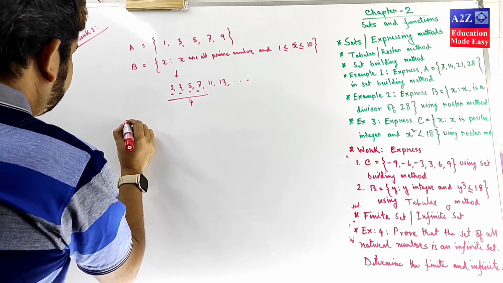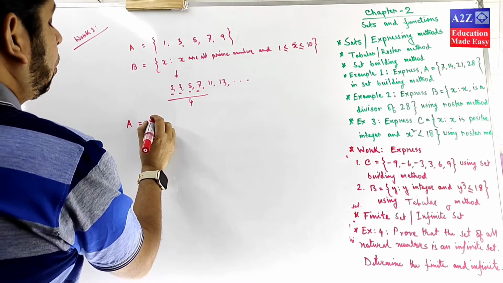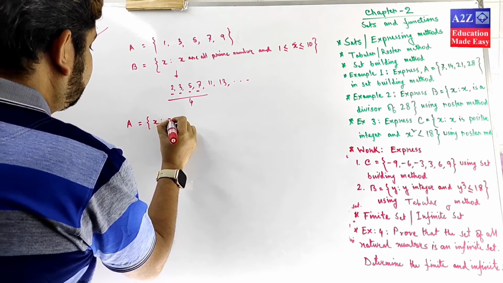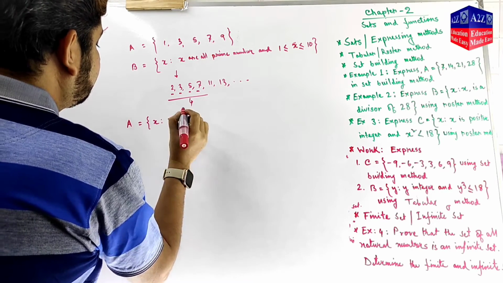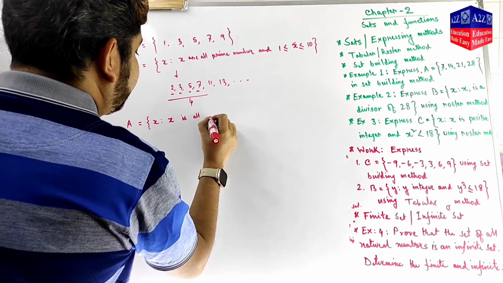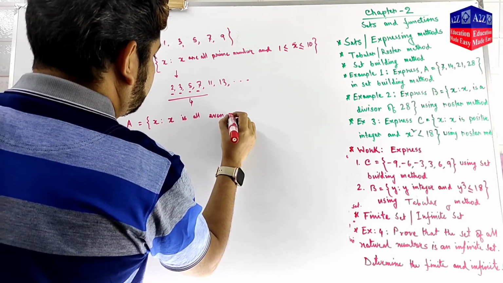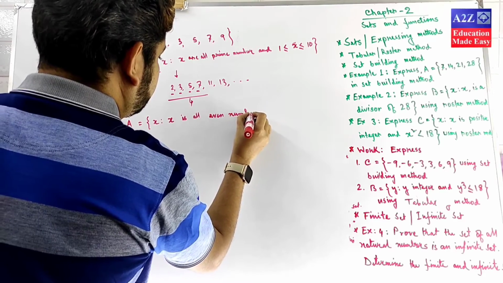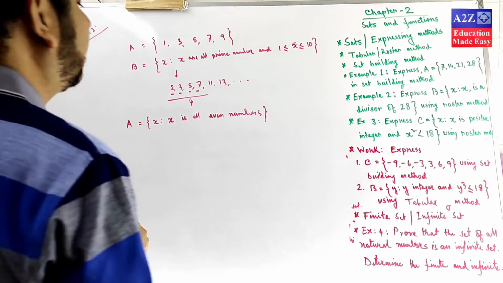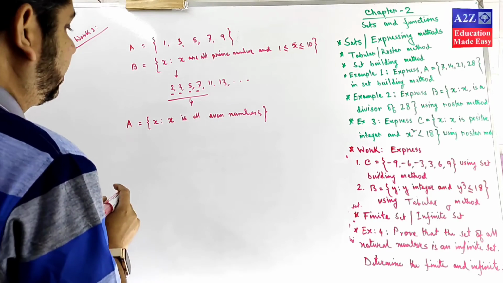Let's say A is a set of x such that x is all even numbers. There are unlimited even numbers, so you cannot exhaust them by counting.